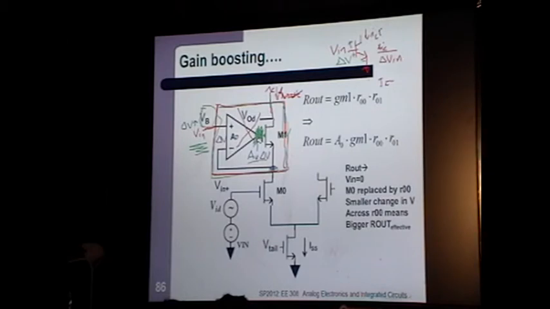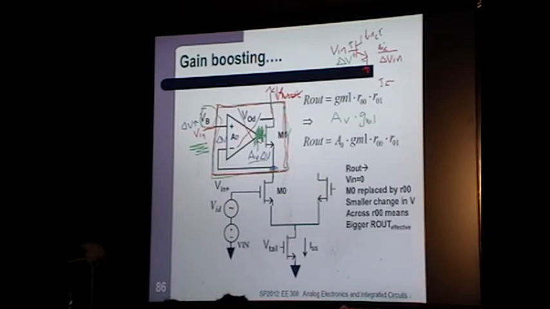And if you're in a linear region, you actually get Av times your gm1. That's your new gm for this item in the box here.